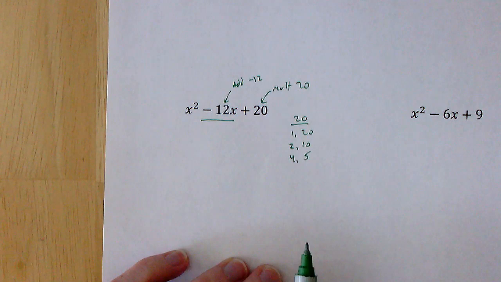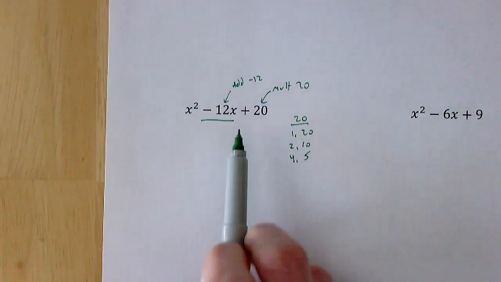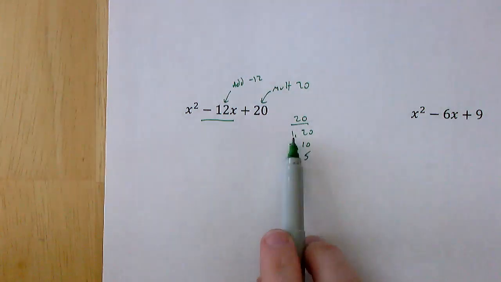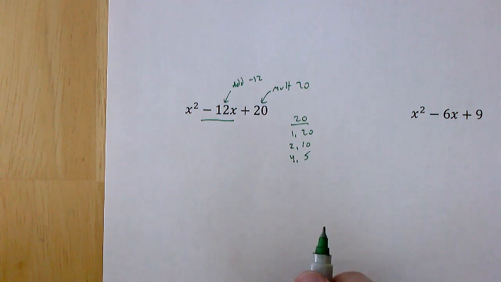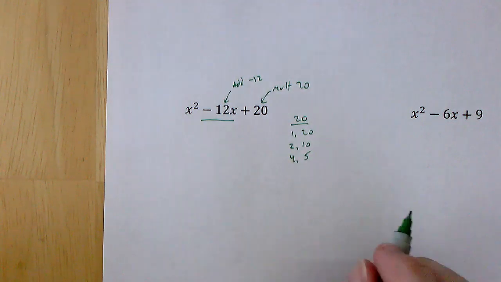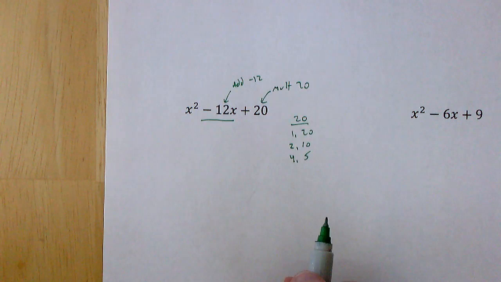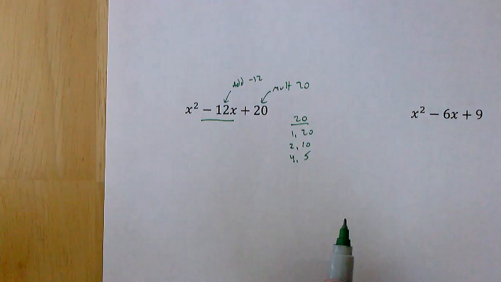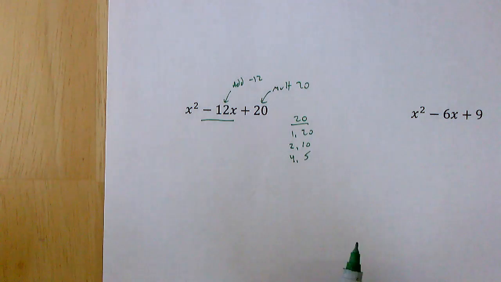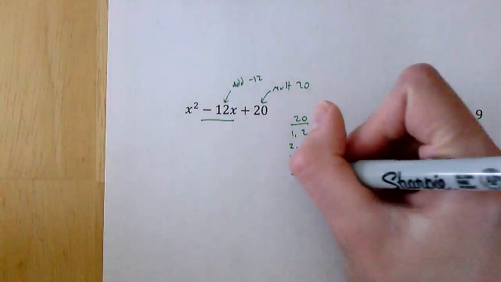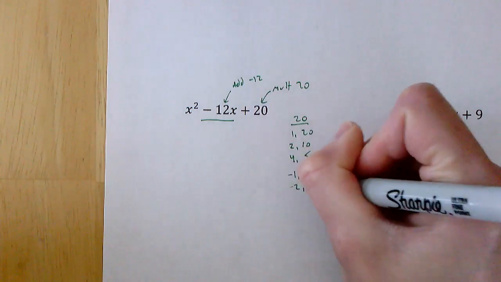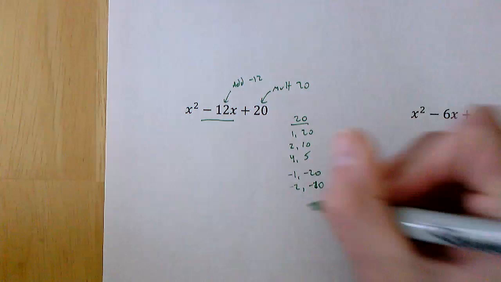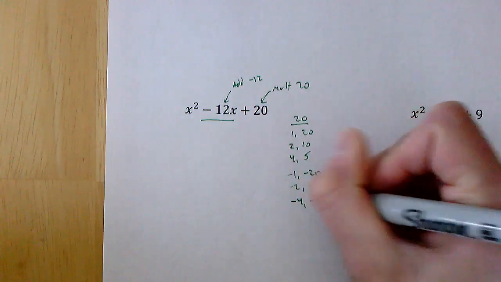And I wanted to add to -12. Now that's a problem because those all add to a positive number. So how can I make a multiple of 20 but add to a negative? Well, two negative numbers will also multiply to a positive. So I could also do -1 and -20, or -2 and -10, or -4 and -5.